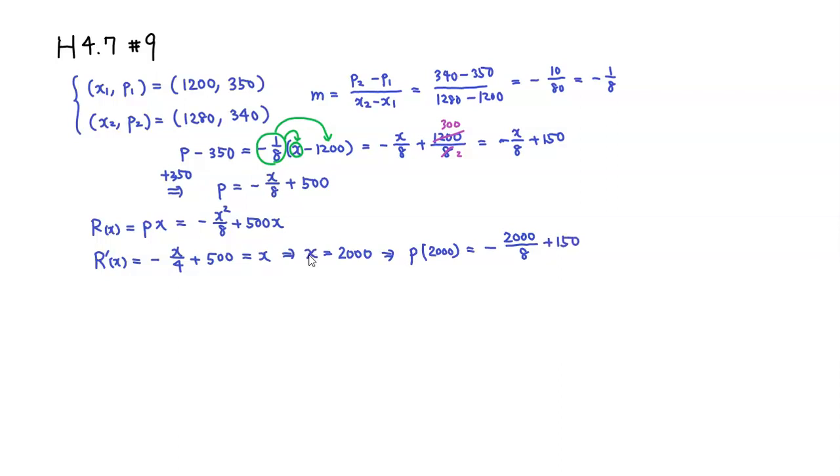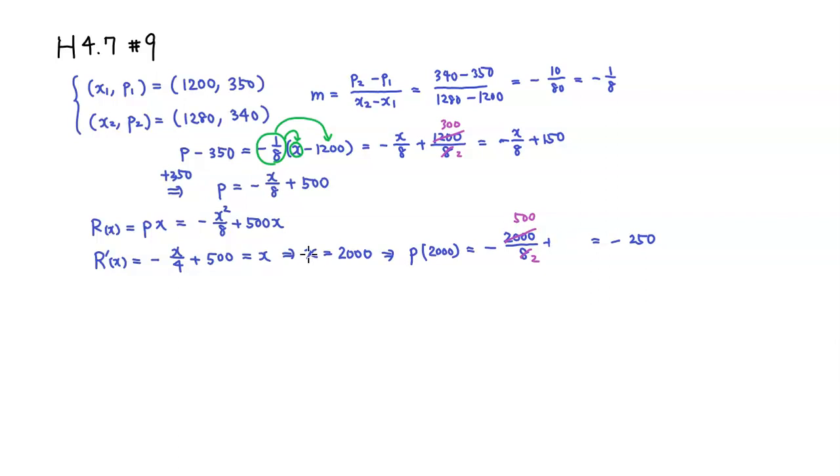So again, divide by 4, we get 500 over 2, so this is going to be negative 250. Actually, I messed that up. Sorry, I messed that up.